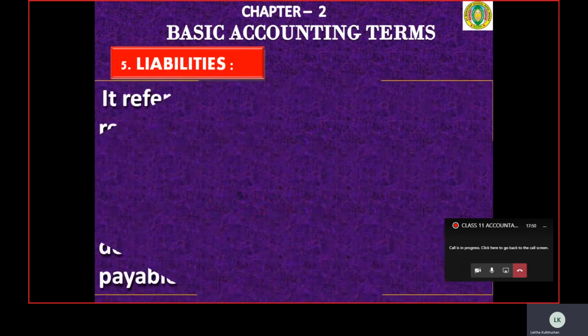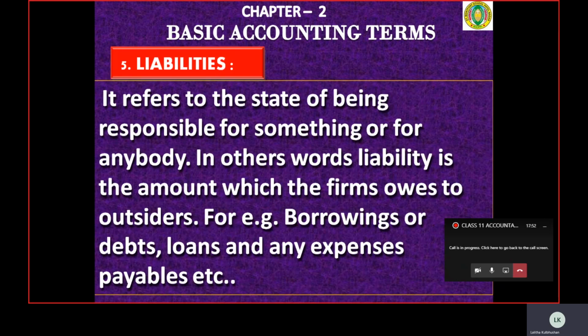So let's see what liability means. It refers to the state of being responsible for something or somebody. In other words, liability is the amount which the firm owes to outsiders. If we have taken a loan from the bank, till the time we are not repaying the amount, we are liable to the bank.